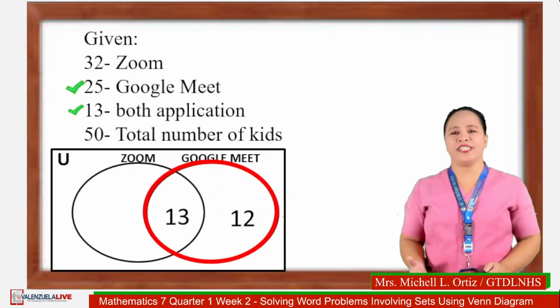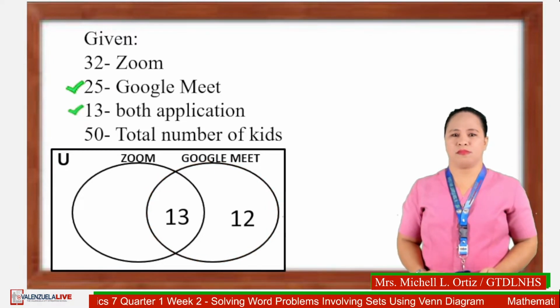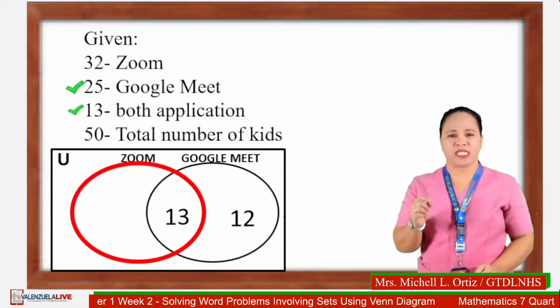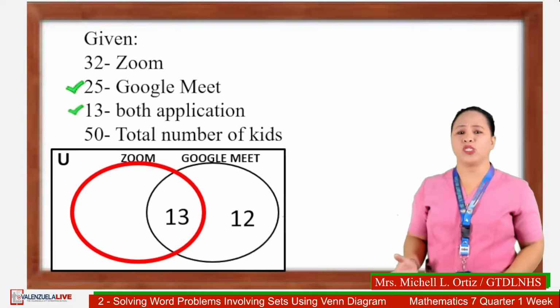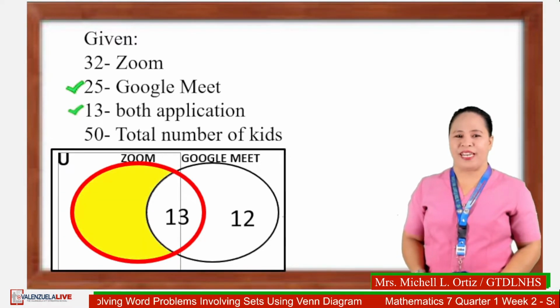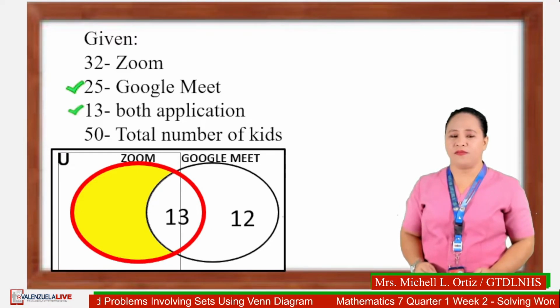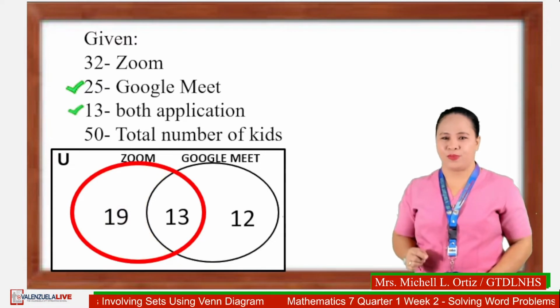Next, 33 used Zoom. So we are referring to that region. But since we have already 13 in the intersection, then we're just going to fill in the remaining region. And that region must have a cardinality of 20 to complete 33.